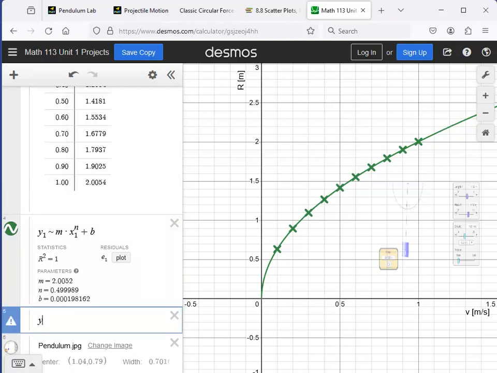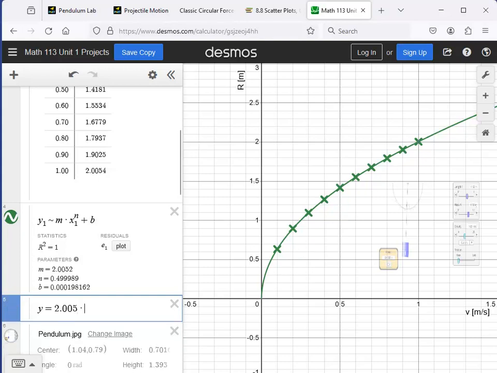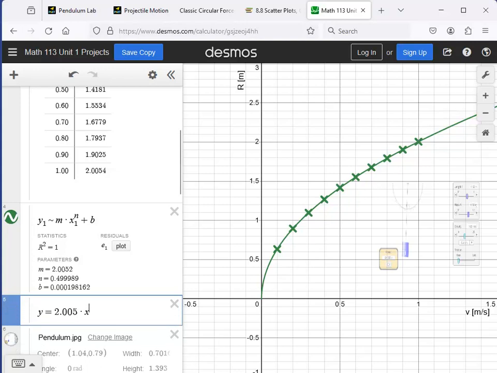So y equals 2.005, 2 if I want to, but that's okay, times x to the power, and now I'm going to use the 0.5 that it says there, and I'm going to leave out the b. We can see this black line here that is exactly the same as the regression curve, or here's just that one, and there we go.